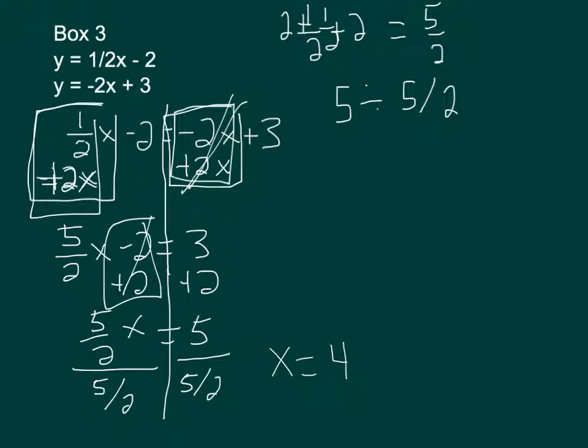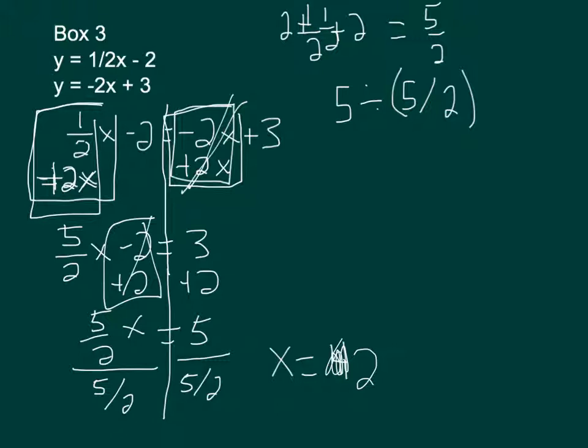Alright, in your graphing calculator, to make that work, you might have to put parentheses around the 5/2 so the order of operations doesn't mess up. But you will get, sorry, you're not going to get 4. You're going to get 2. x equals 2. So make sure you get 2 when you put it into your graphing calculator. If you don't get 2, make sure you call me over to check out why.